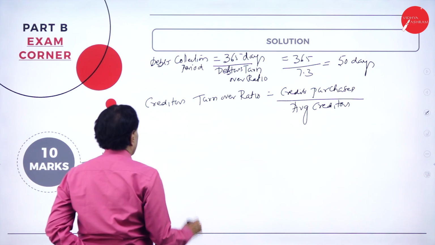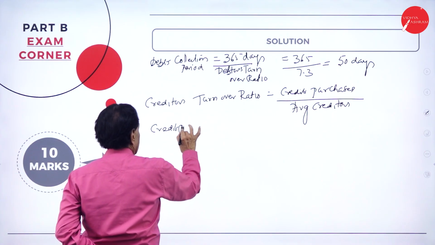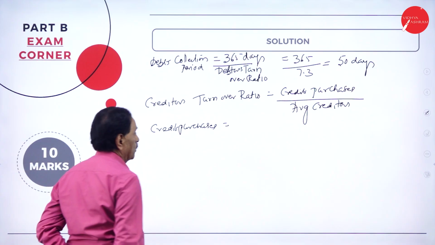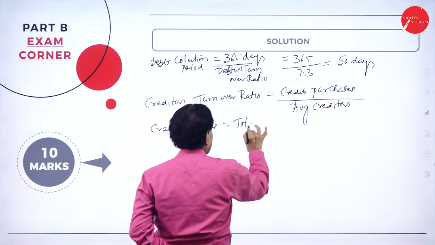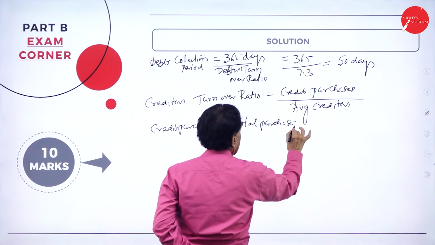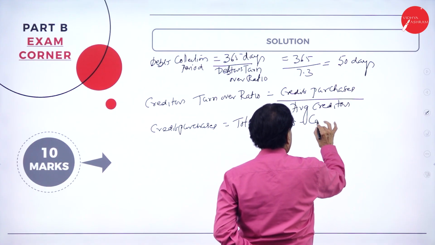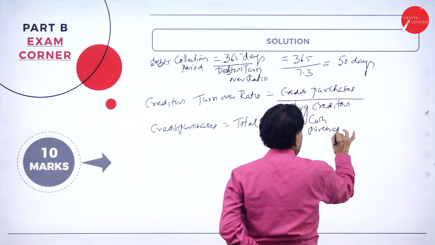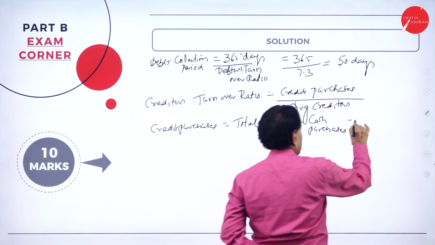Credit purchases is equal to total purchases minus cash purchases minus purchases returns.